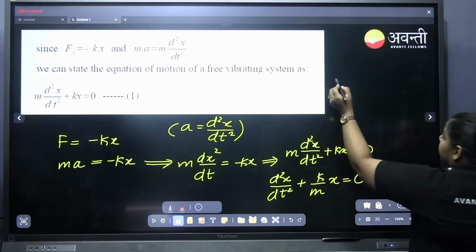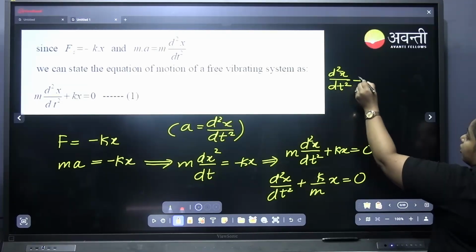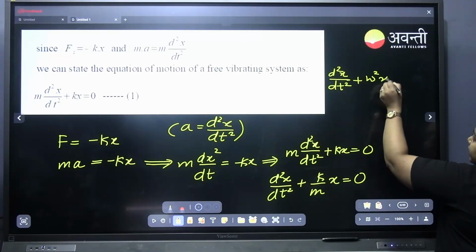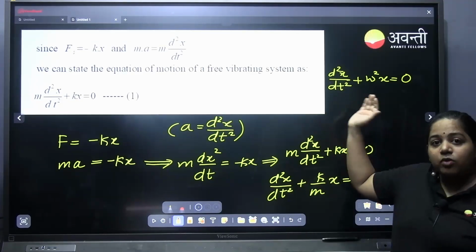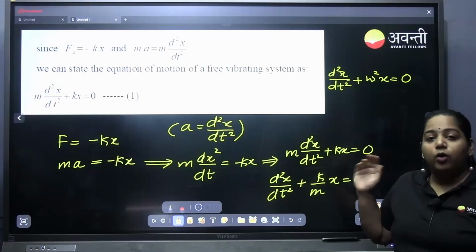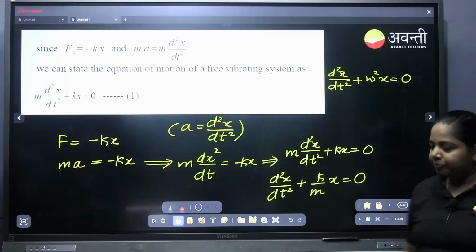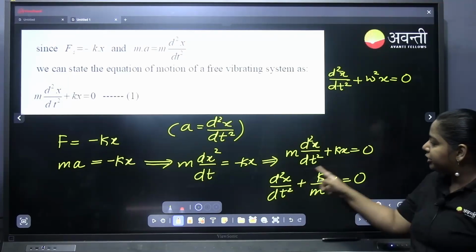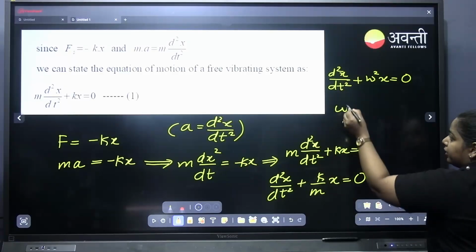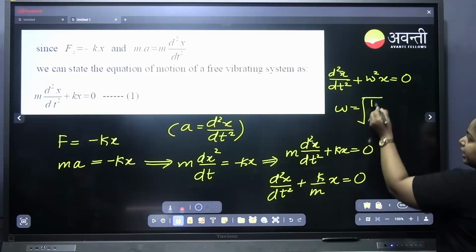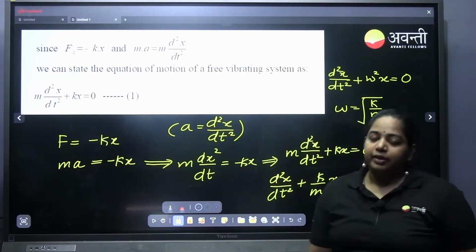So d square x by dt square plus, with the constant written as omega square, omega square x equal to 0. This is how we introduce omega. Omega is angular frequency, which we already knew, but here we are substituting k by m as omega square. So omega will be equal to root k by m in this case.